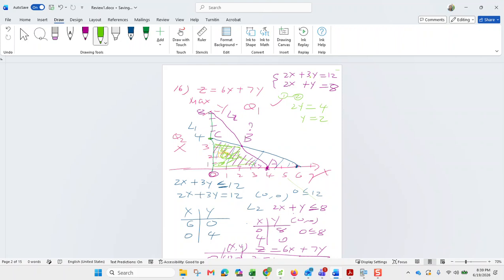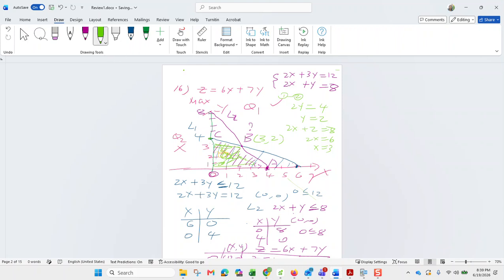Okay, and I can plug it into the second one to find x. So 2x plus 2 equal to 8, right? Then I minus 2 on both sides, so this will be 6, x will be 3. So my intersection point here, x is 3, y is 2, okay?